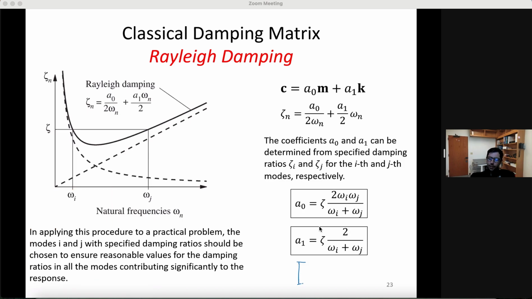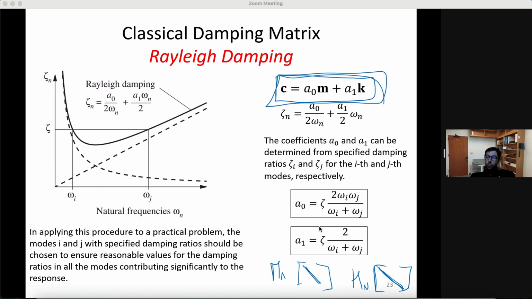When I find the generalized mass Mn and the generalized stiffness Kn, these matrices can be written as diagonal matrices. Because I cannot play with my problem and write diagonal matrices for the damping, clearly, if I write the damping matrix as a combination of these two, then I will be able to decouple the equation of motion.